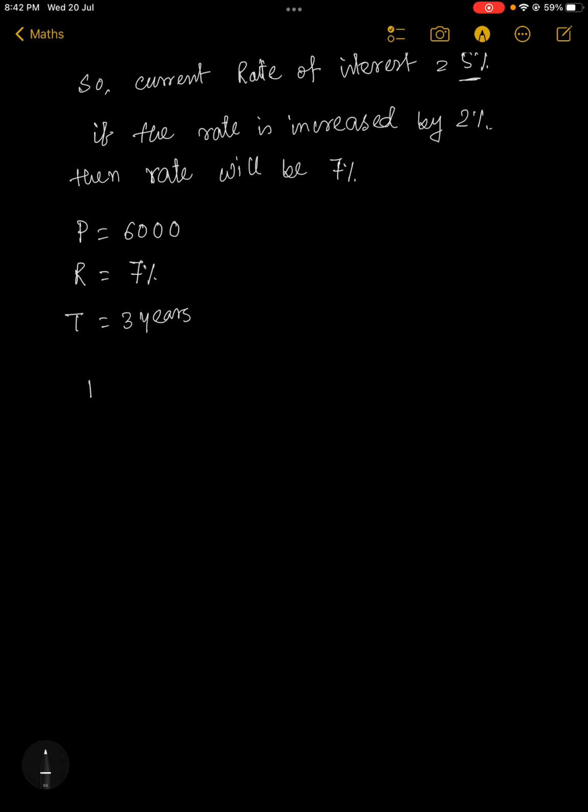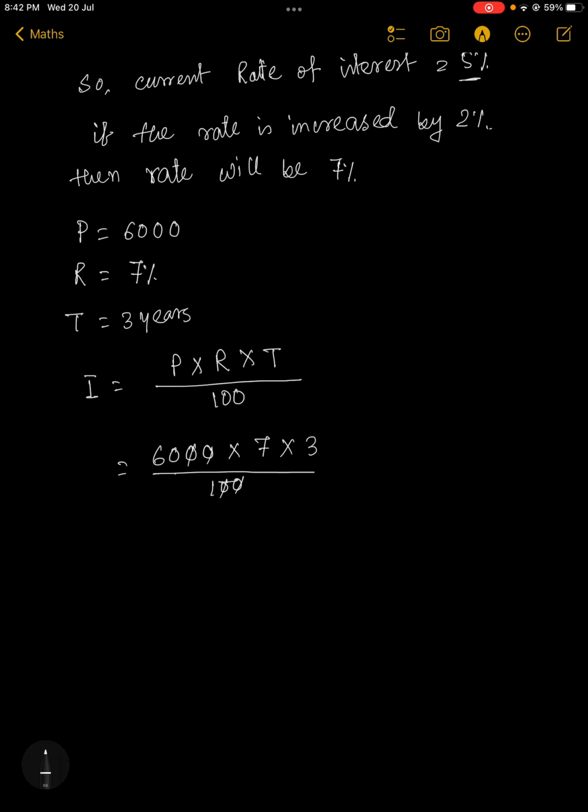So now interest is equal to P into R into T by 100, so 6,000 into 7 into 3 by 100, which equals 1,260.